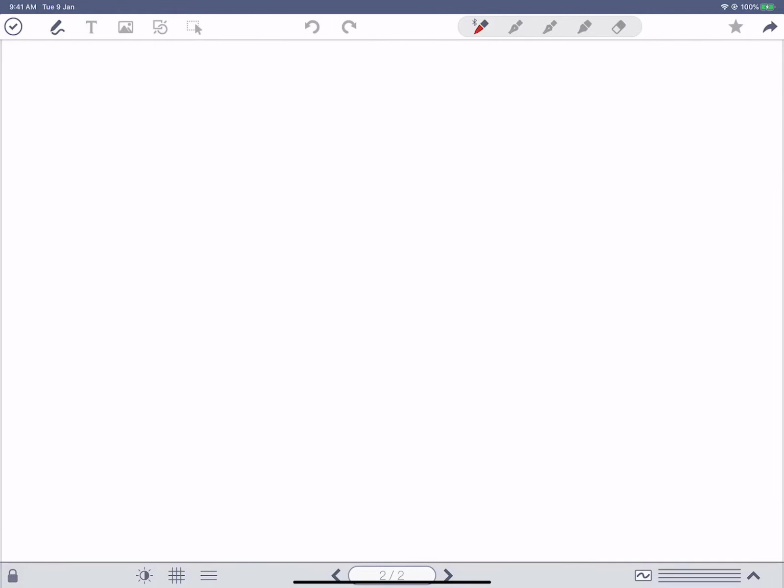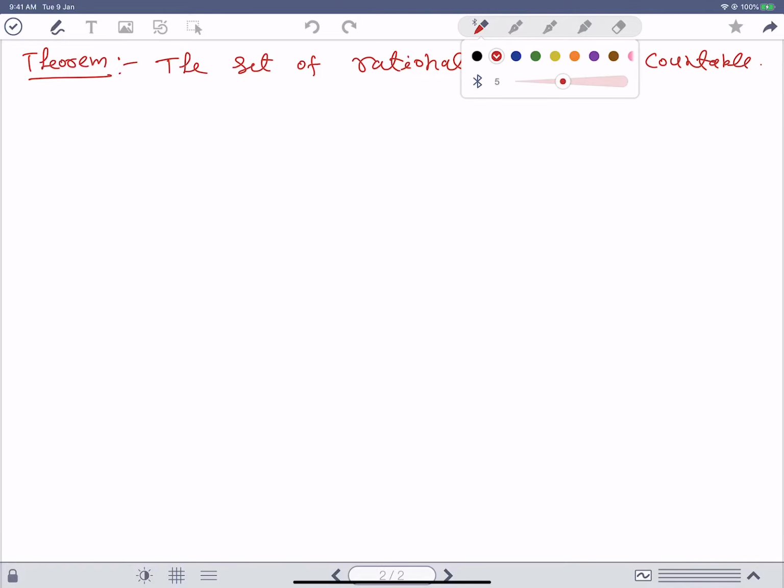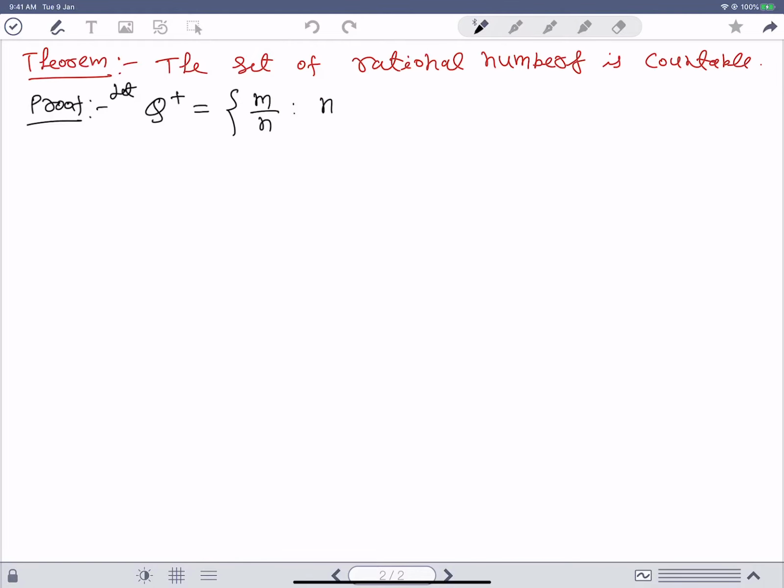Now there is another result. We prove that the set of rational numbers is countable. Again, there are several ways to prove this one. Here I shall prove it in the simplest way. First of all, we define Q plus to be the set of m by n, where m and n are relatively prime natural numbers.